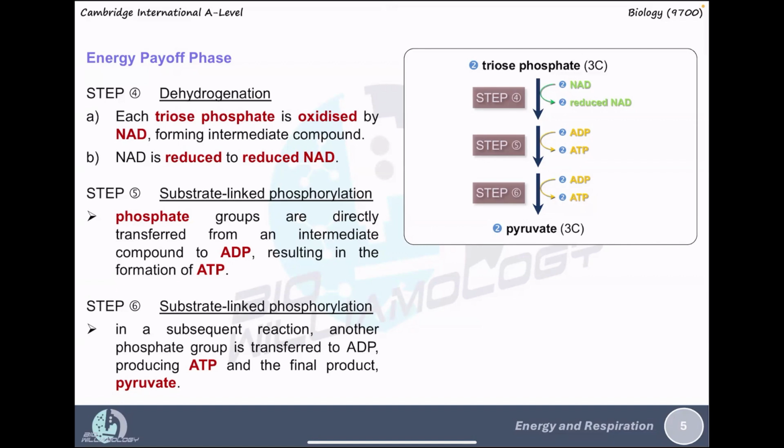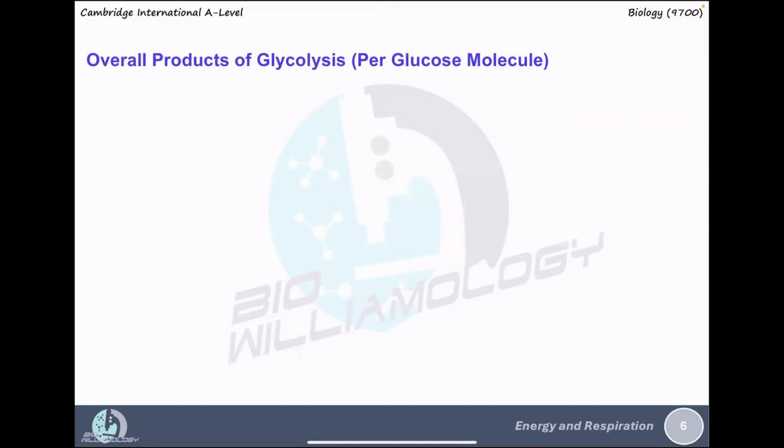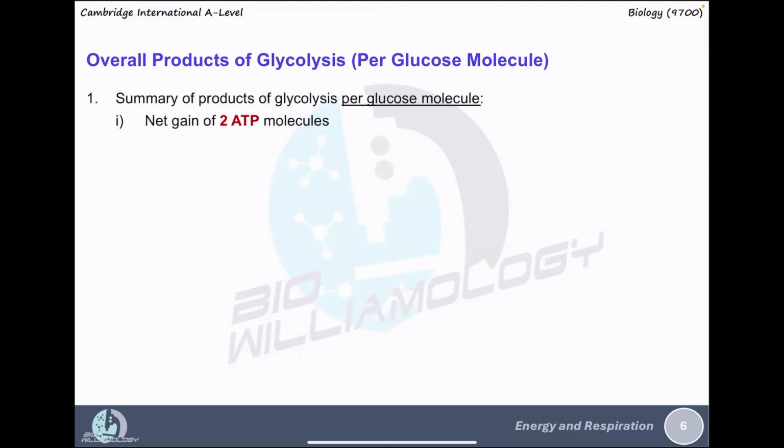During a series of reactions in glycolysis, some compounds are produced. Let us look at the overall products of glycolysis per glucose molecule, or when one glucose molecule is oxidized to form pyruvate during glycolysis. There is a net gain of 2 ATP molecules.